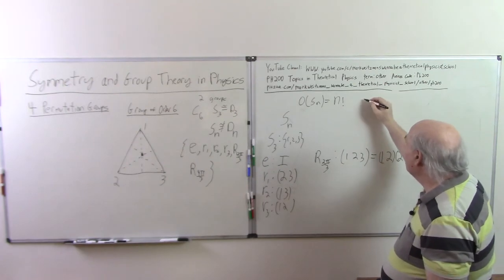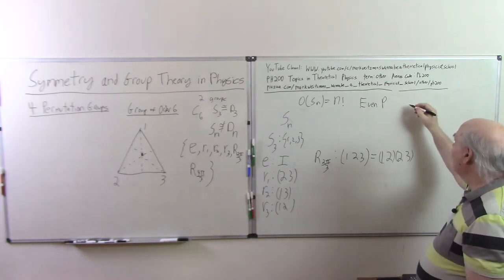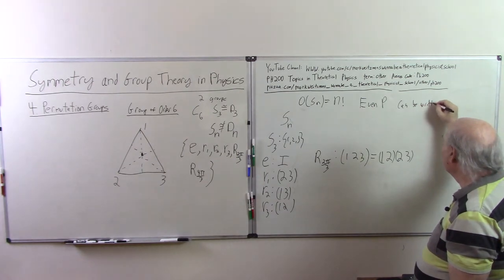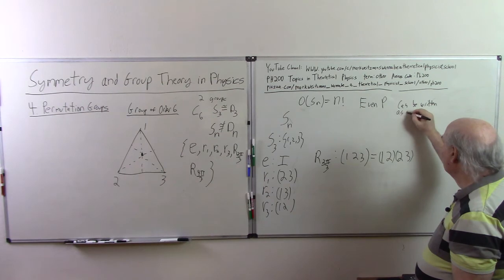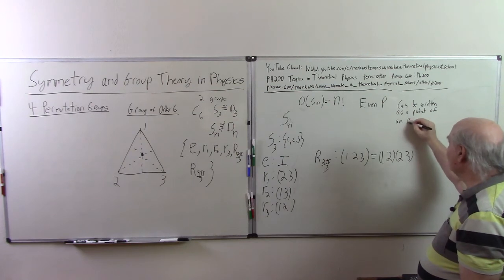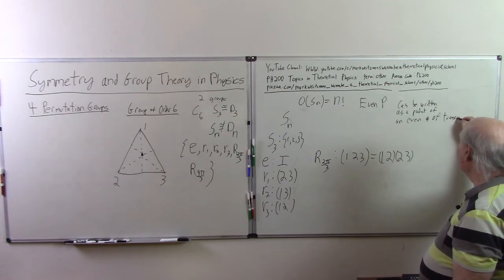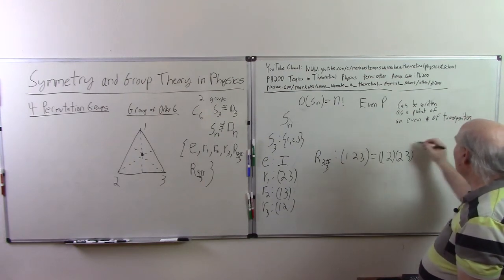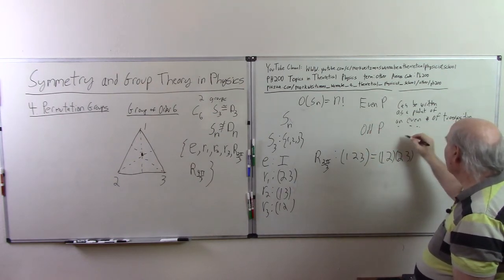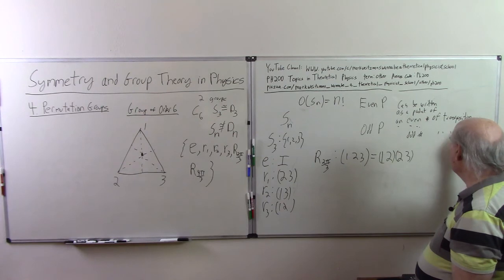Now, one other thing I left out: an even permutation P can be written as a product of an even number of transpositions. And an odd permutation is the same thing except an odd number of transpositions.